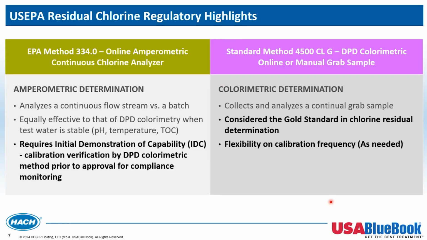If we start with the standard method, which is standard method 4500 chlorine G, which is citing DPD colorimetric online or manual analysis. And this method is considered gold standard in chlorine residual determination. And it has a lot of positives.